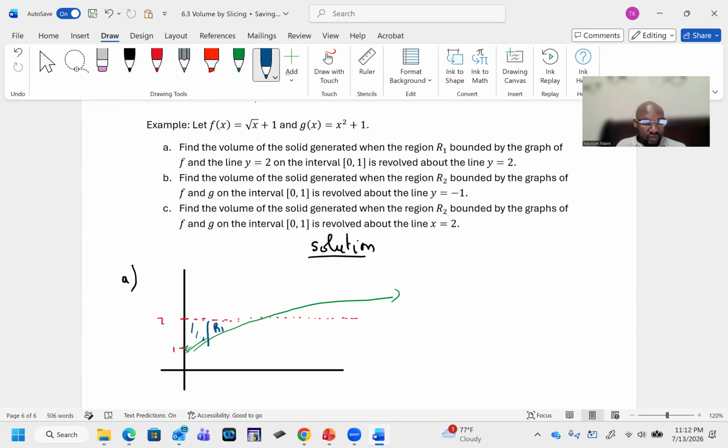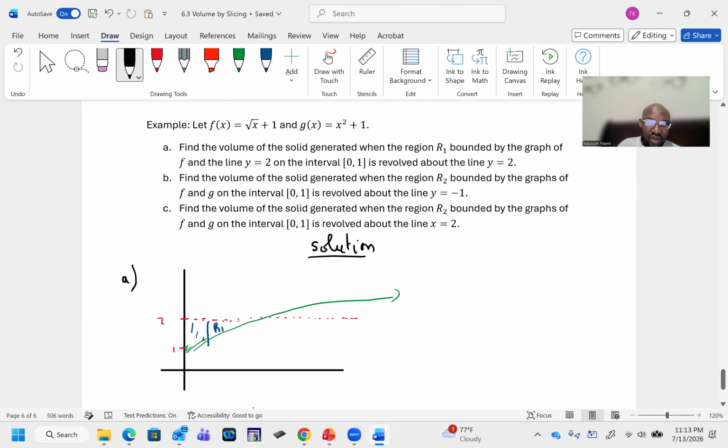So now, to find that, R1 and the axis of revolution. If we apply the disk method, we see that a disk located at the point x has a radius of what? Who can tell me?